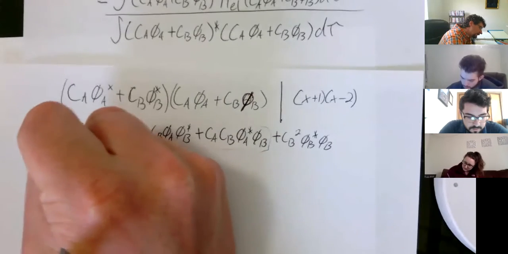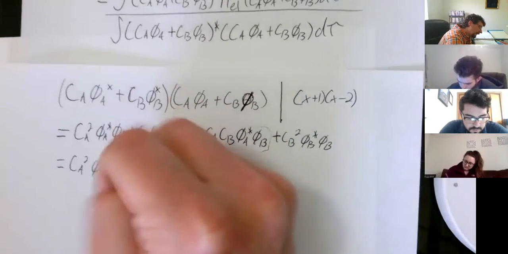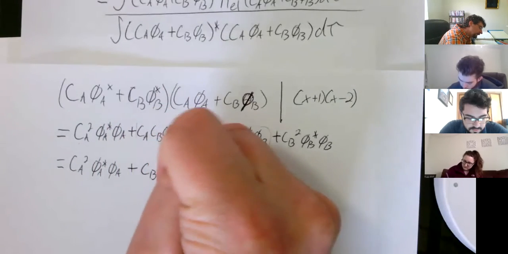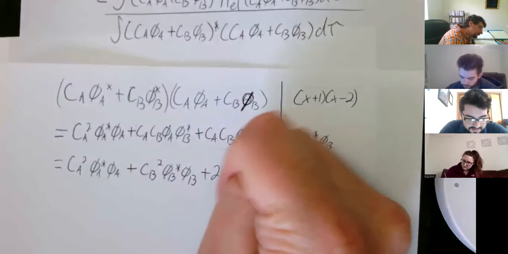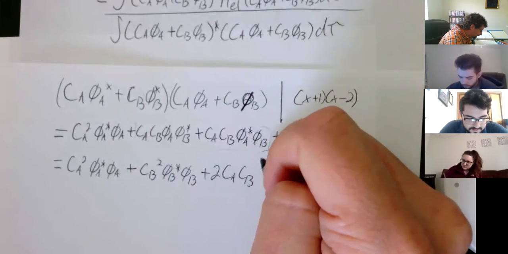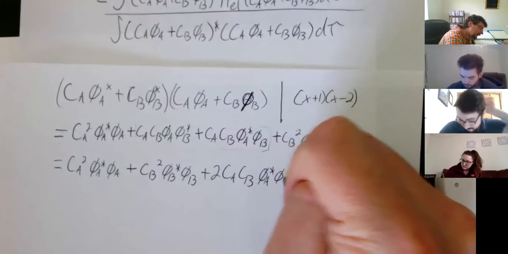So we get CA squared phi A star phi A plus CB squared phi B star phi B plus 2 CA CB, we'll do phi A star phi B.